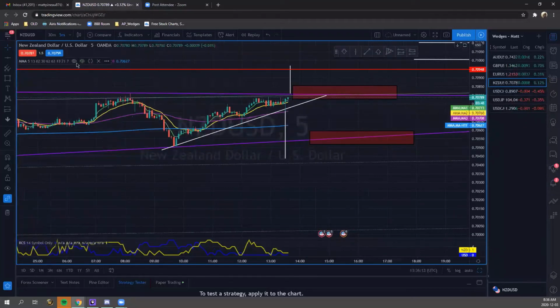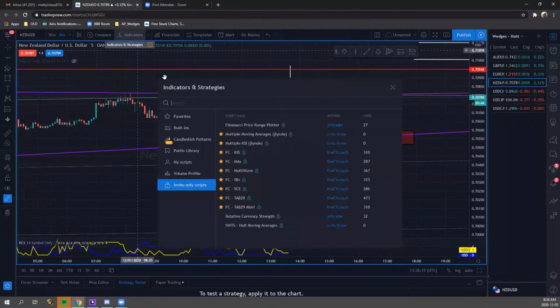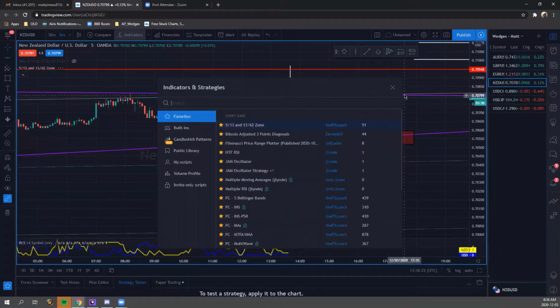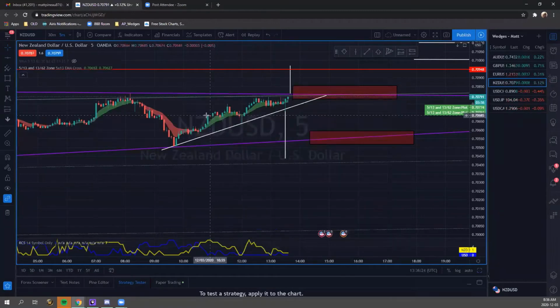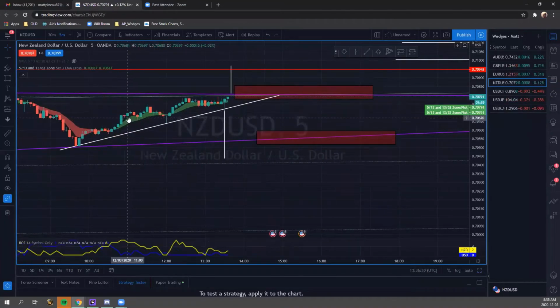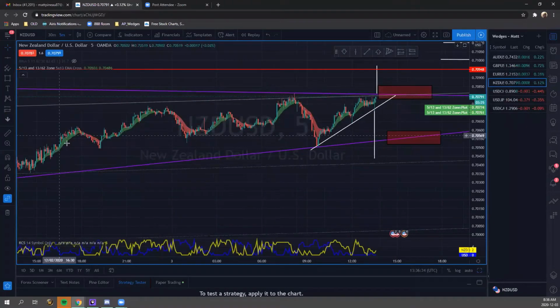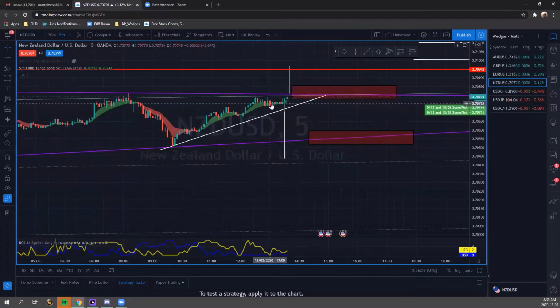Actually, I'm going to use another indicator. It's this one. Now I've got a visual representation of the moving average crosses. So it makes it a little bit easier to see the distance, because there is a relationship between the distance between the cross and the movement to the upside.